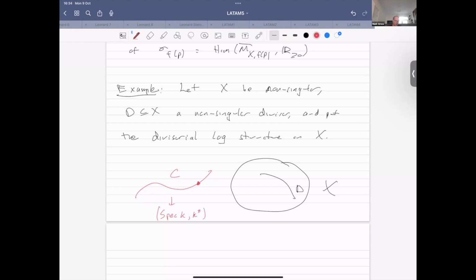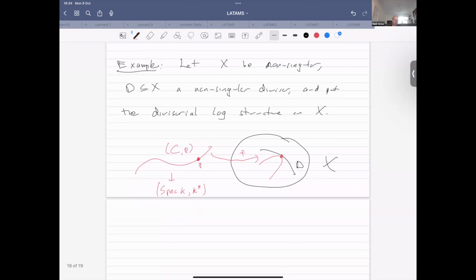So the only thing that happens is that C is just the log scheme with the divisorial log structure coming from P. And now, if I map by F to some, maybe something which looks like that, notice I have a map of pairs.